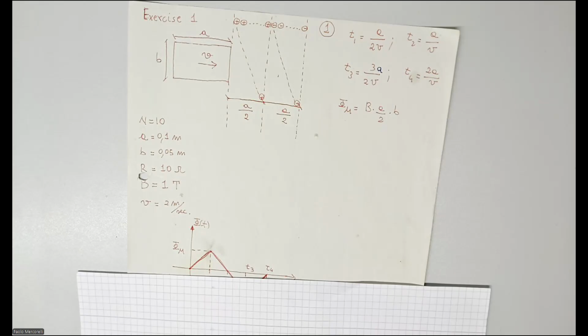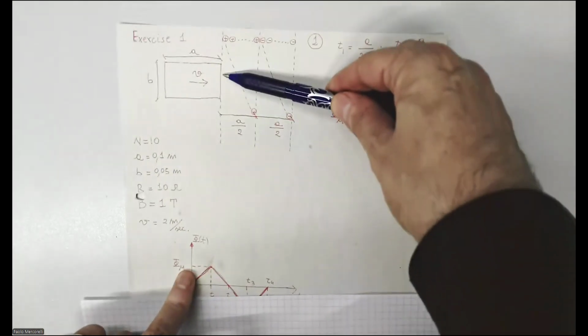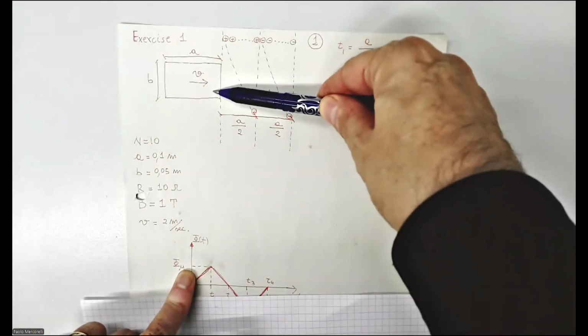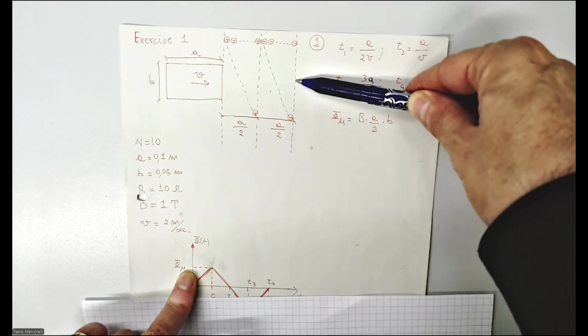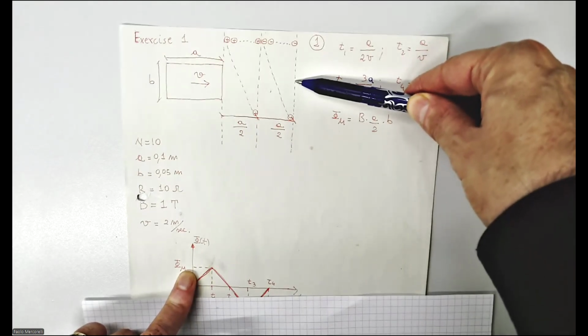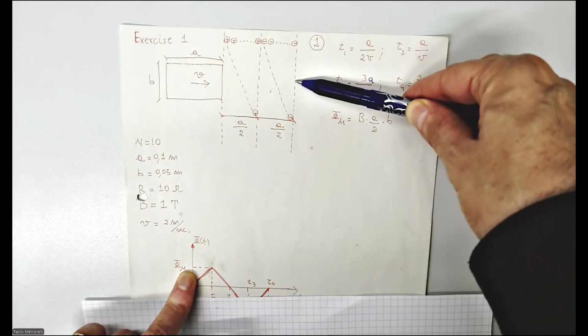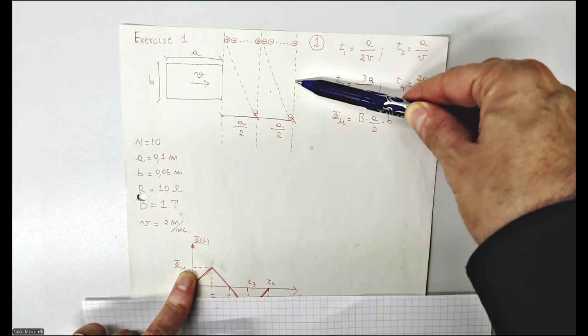Did you agree? I am asking you, did you agree when these conductors are here, we are totally inside? Half of the geometric surface is positive, and half of the geometric surface is negative.